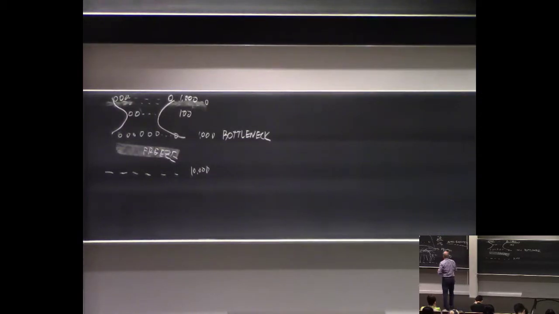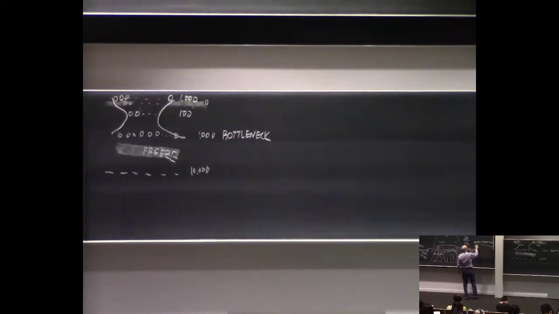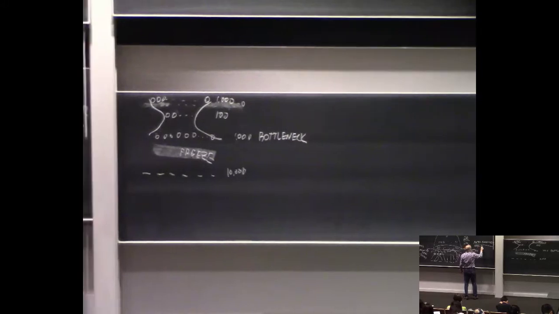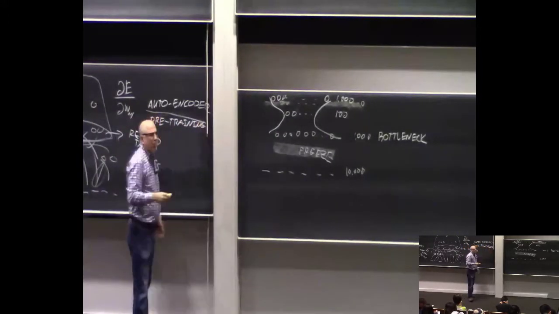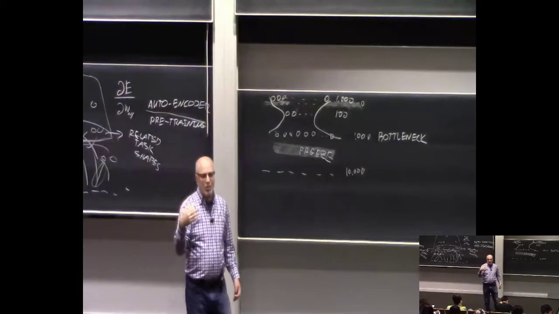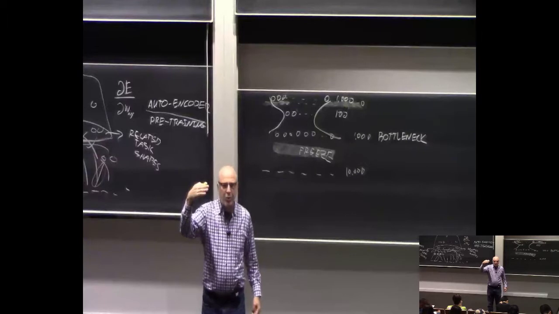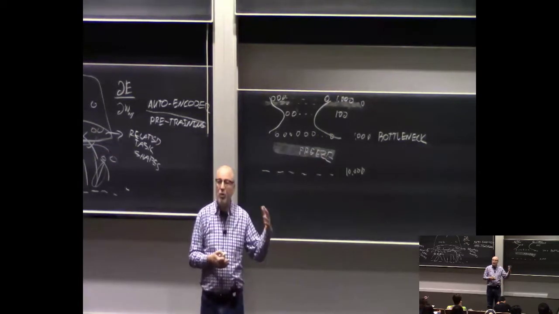So this autoencoder sometimes goes by the name of pre-training. Because if you think of training as supervised learning, as having the output that you want and doing gradient descent in that, pre-training is some processing that you do of your input without seeing the labels, without regard to what it is you're trying to learn.